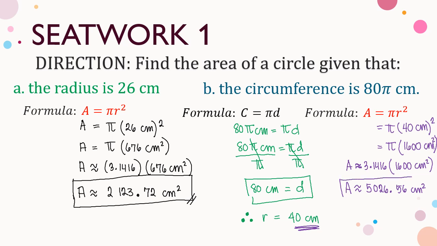By the way, I'm considering our final answer is in decimal form, and I'd like you to round it off to the nearest hundredths. So therefore, we have 5,026.56 square centimeters, and we are done. As easy as that.